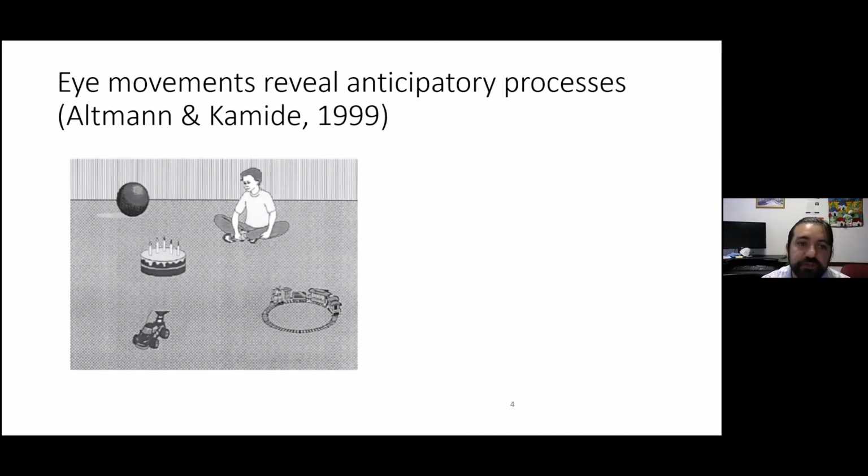So in this visual scene, we see a boy who's surrounded by several objects. We see a ball, a cake, a toy car, and a train set. And we can compare the following two phrases: the boy will eat the cake, and the boy will move the cake. Very simple phrases, not difficult for comprehension.